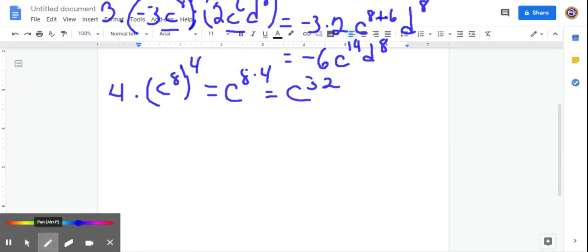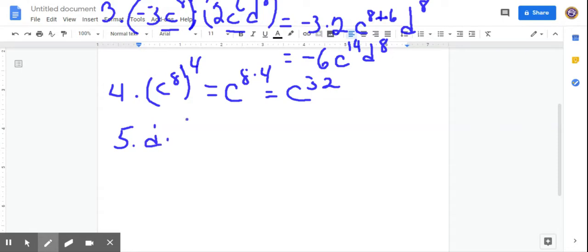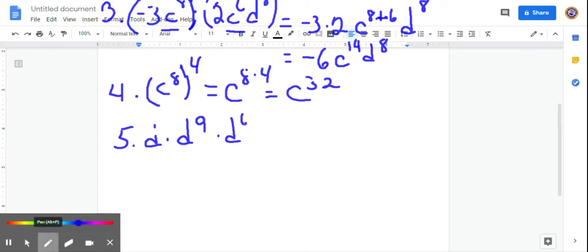Number 5. You have d times d to the 9th power times d to the 6th power. Again, remember that this d has a 1 on it.